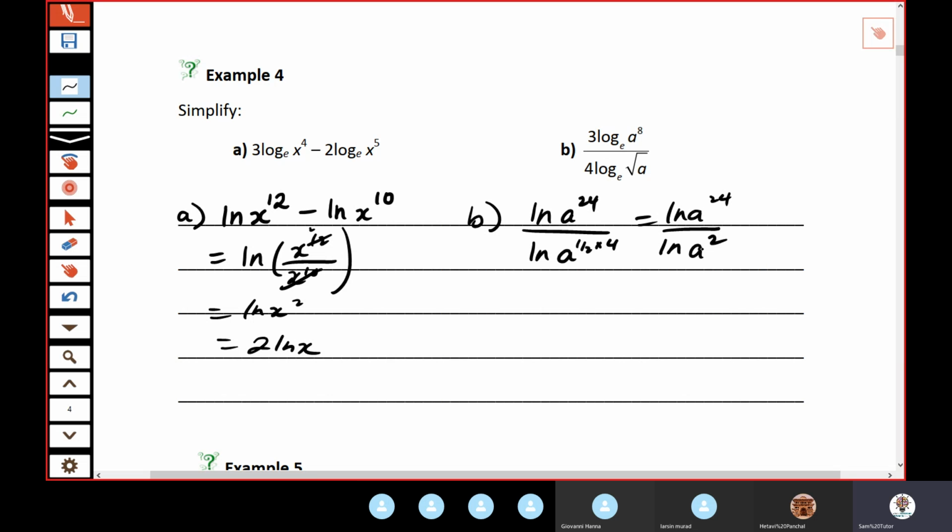Okay, this one, don't say you can subtract, because it's a log over a log, right? You can only subtract if it's a log of a term divided by a term, not a log divided by a log.